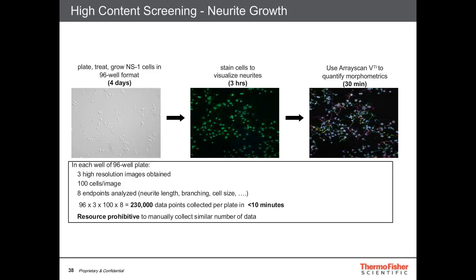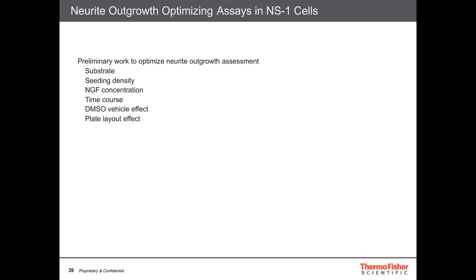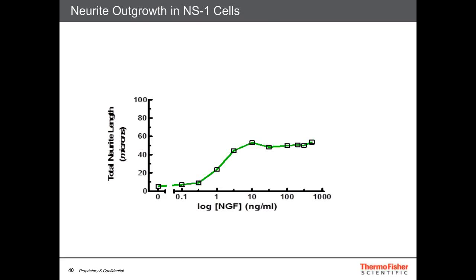If I take 96 wells, multiply that by the 3 images, 100 cell density, and then 8 endpoints, things like neurite outgrowth, branching, cell size, we can generate 230,000 data points per plate, and that's done automatically within about 10 minutes. To give you an idea, if we did this manually, it would take closer to 100 hours to do the same type of research. So it's significantly more efficient.